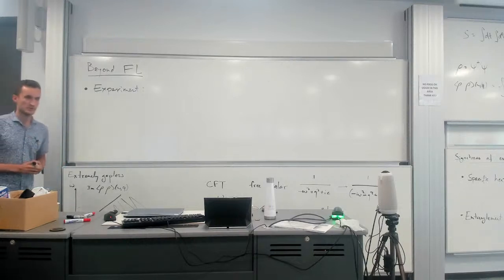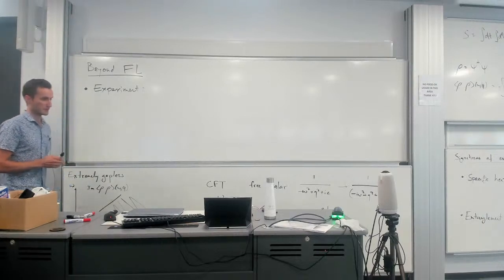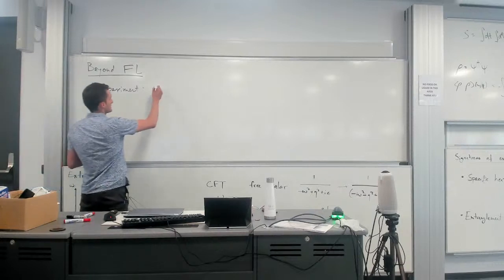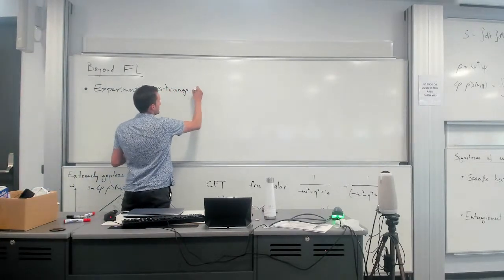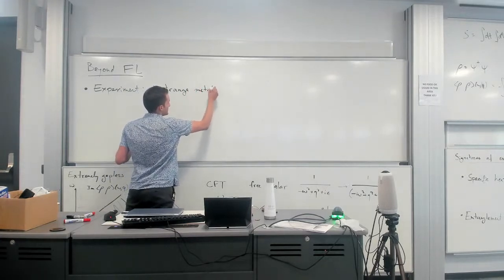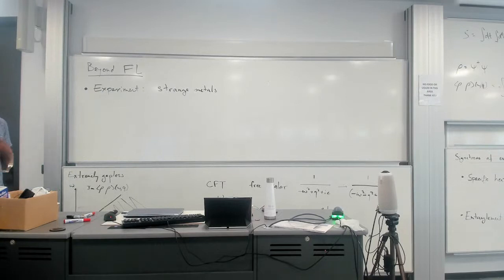We don't understand why; the thermodynamic properties and the linear response are very different from what you'd expect in Fermi liquids. A class of these materials go under the name of strange metals. Moreover, the fact that this strange behavior is fairly universal across many systems suggests that there might be a universal answer.